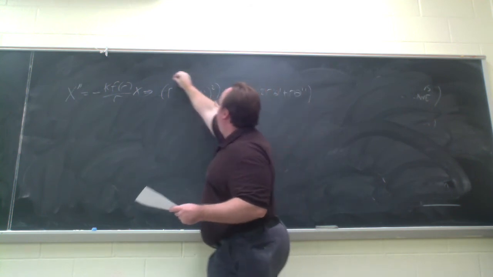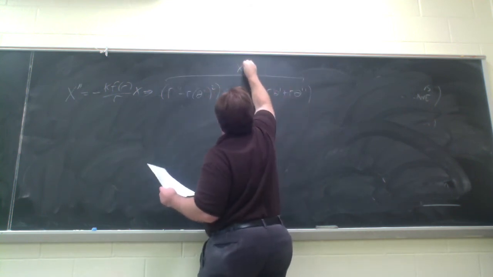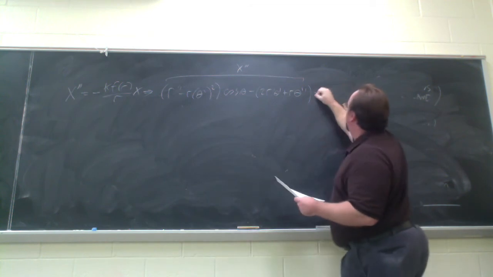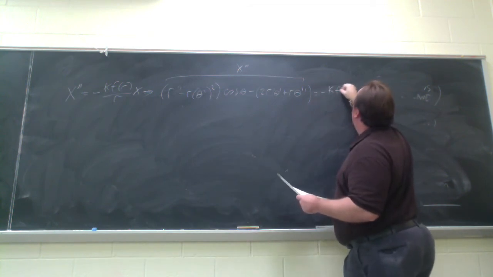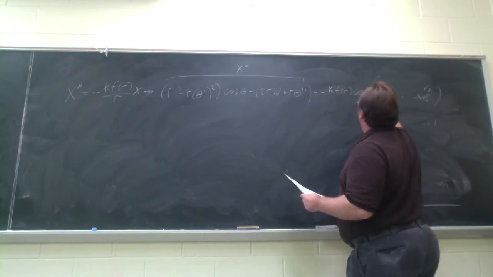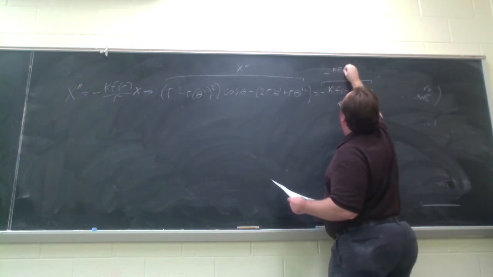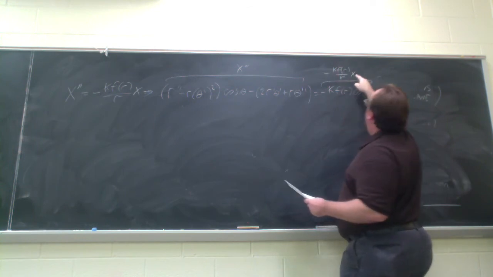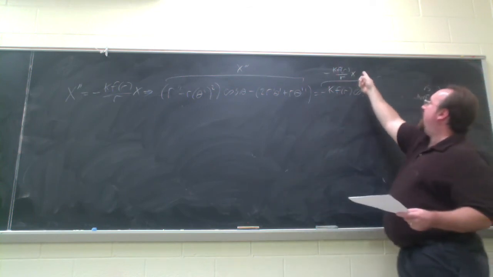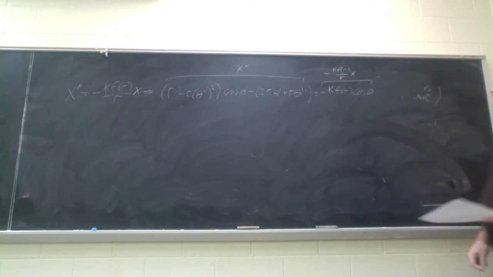So all of this is x double prime equals minus k f of r cosine theta. And this is minus k f of r over r x. And the thing is, x is r cosine theta, and that r cancels with this r. Right. Okay.